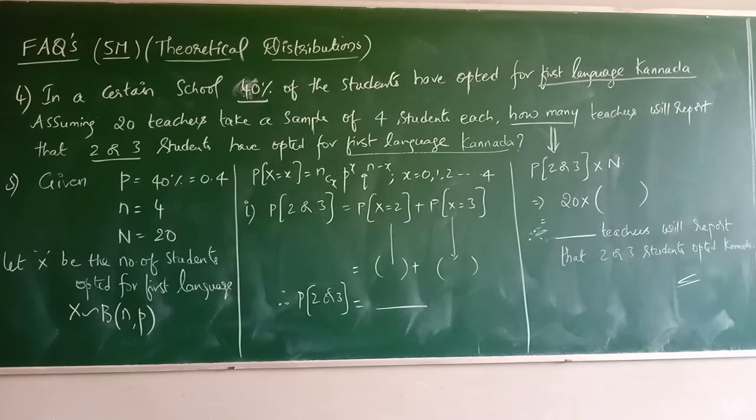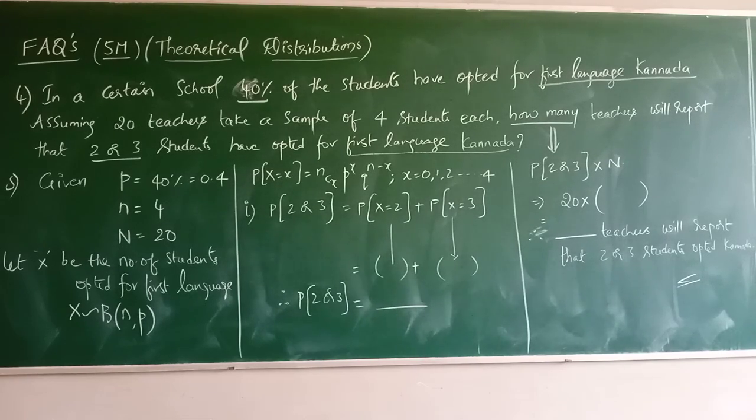And 20 teachers have taken a sample of 4 students each. After selecting 4 each, they have given the report that 2 or 3 students have opted for first language Kannada. They are asking, how many teachers have reported that? 2 or 3 students have opted for Kannada language. This is the question given.